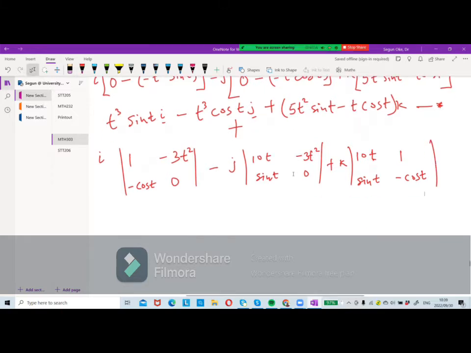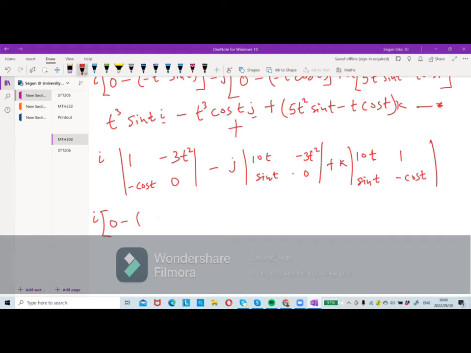So when you open the bracket, you have i will be what? 0 minus 3t squared. This is positive rather. You don't need any minus because negative times negative is positive straight.